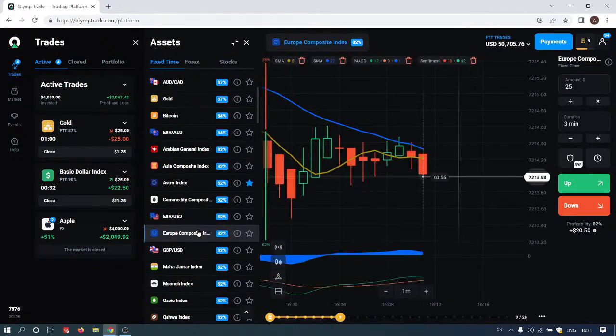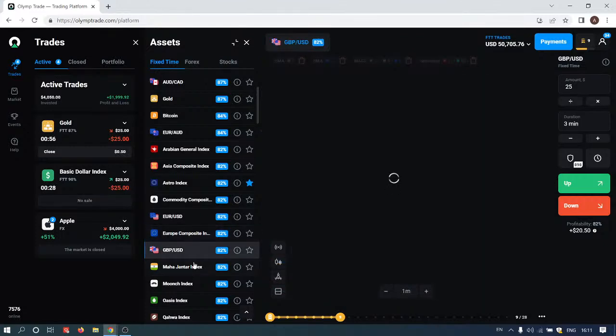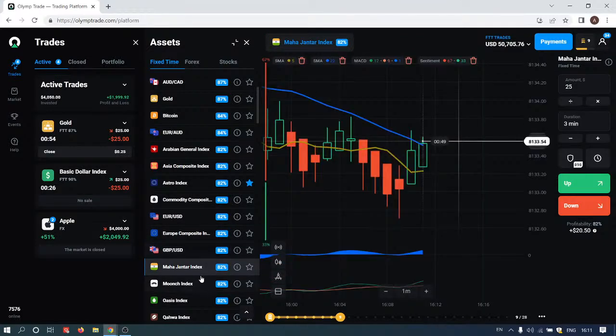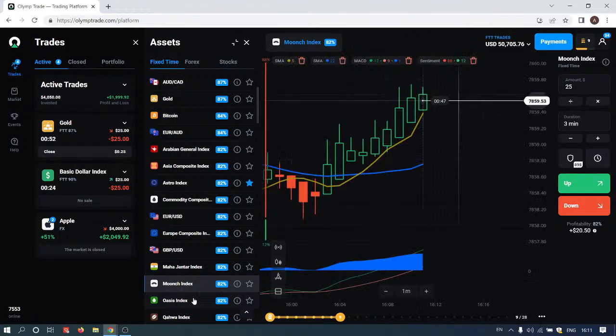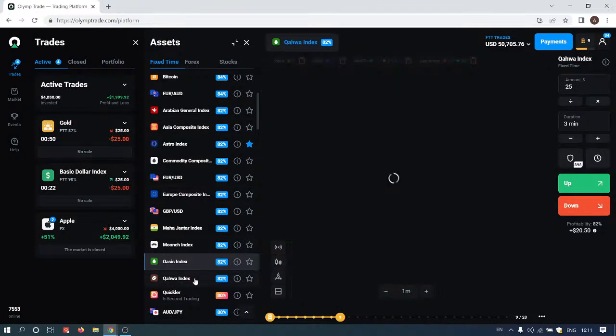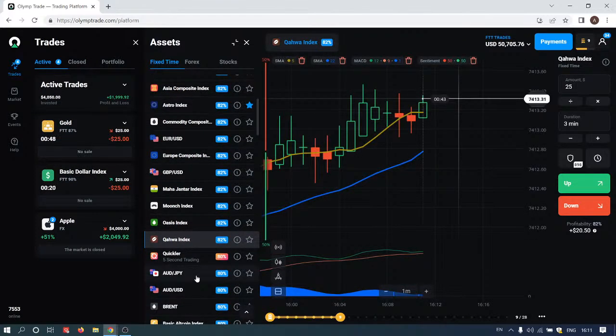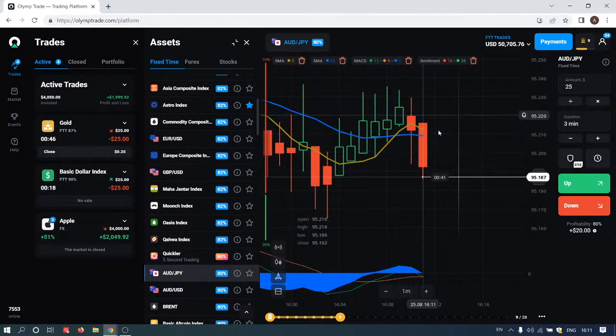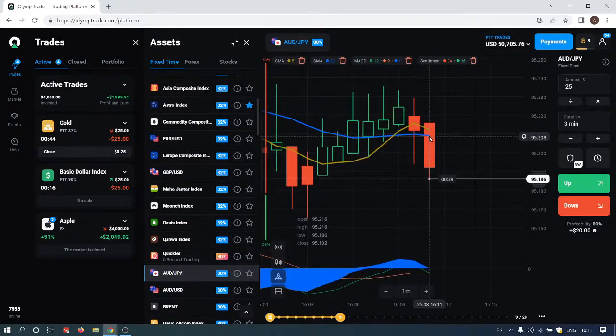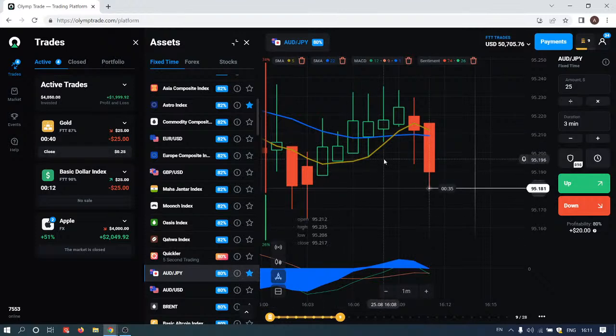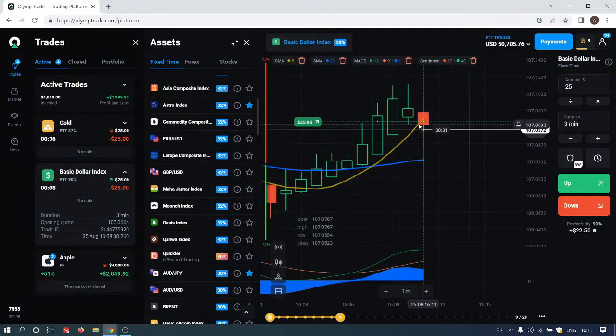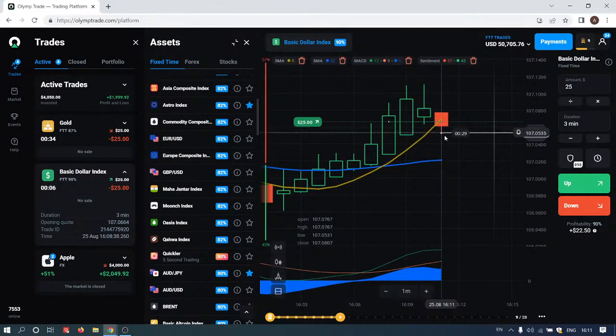So you want something that is happening right now, like a fresh new signal. Well, maybe something like this. Yeah, the Australian dollar against the Japanese yen. So I will select it and put it into my favorites. I wonder what happened to my basic dollar index trade.